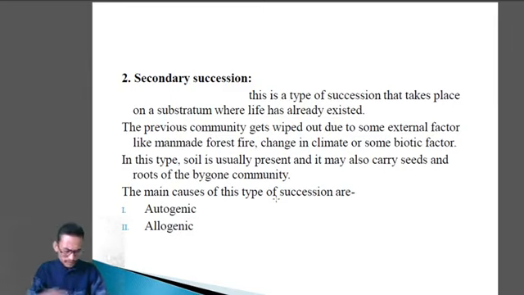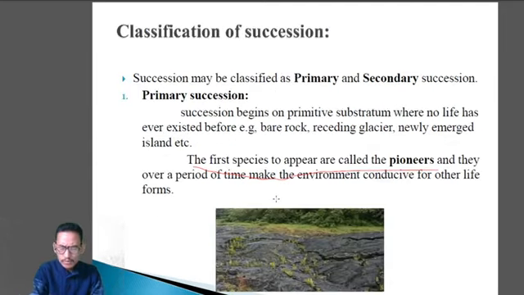Okay, now what is secondary succession? Before that, one more thing I want to mention in primary succession: since primary succession occurs in a bare area or a barren habitat, this habitat will be devoid of soil, or devoid of conditions sufficient to support the existence of life. It is a totally barren area, a virgin land, we can say.